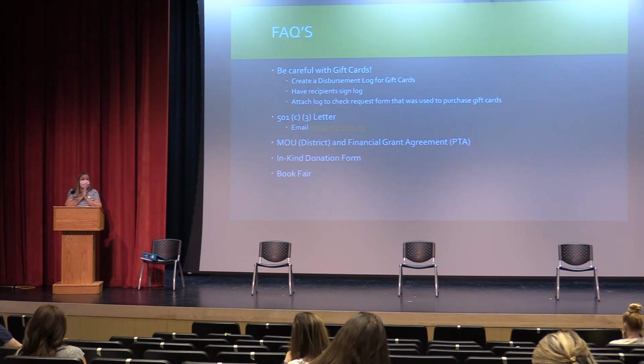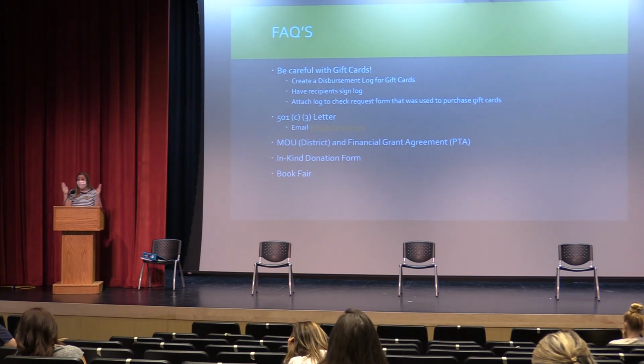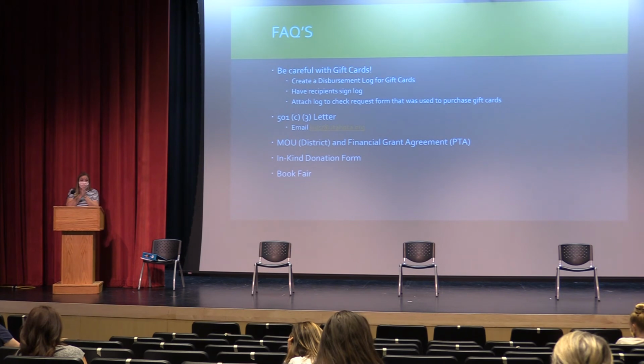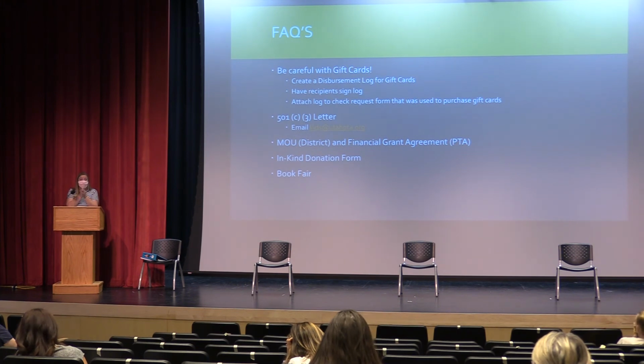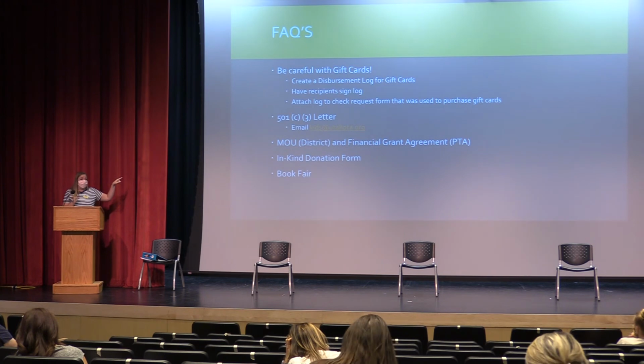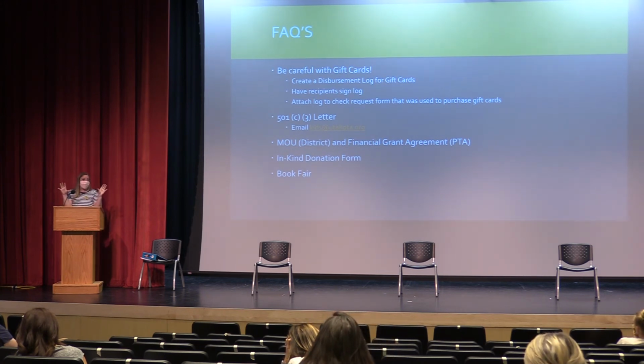So that means if you and your principal have decided, instead of having 2 fundraisers, let's have 1. We don't really encourage that at all, but schools do it. So if you are a school that is doing it, you need to make sure you have this MOU filled out, which basically breaks down exactly what is happening with that money.